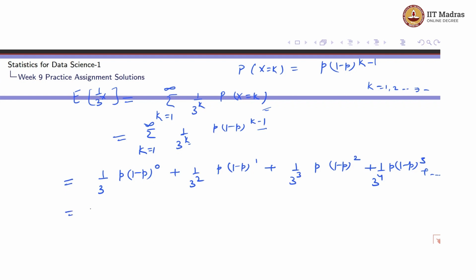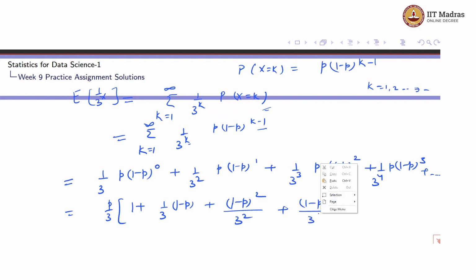If we take p by 3 common, we can write this as p by 3 times [1 - p to the power 0, so it will be 1, plus (1 - p) upon 3, plus (1 - p)^2 upon 3^2, plus (1 - p)^3 upon 3^3], and it will go like this.